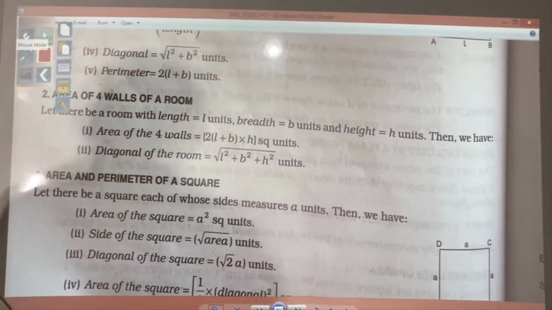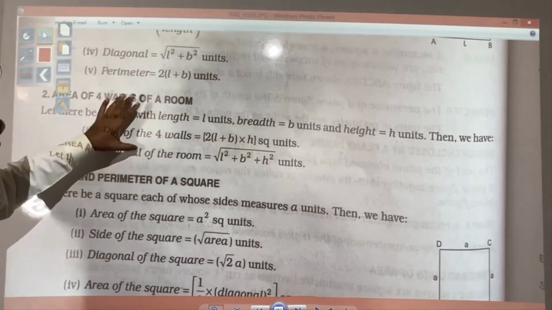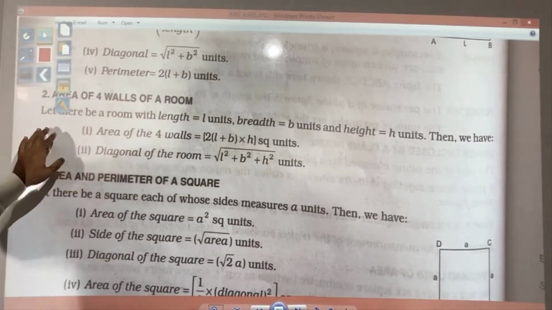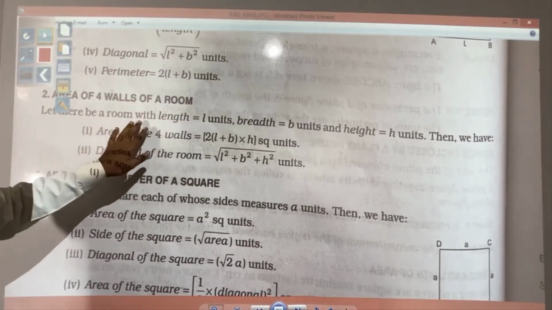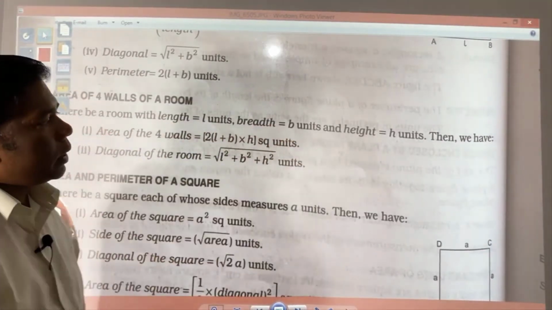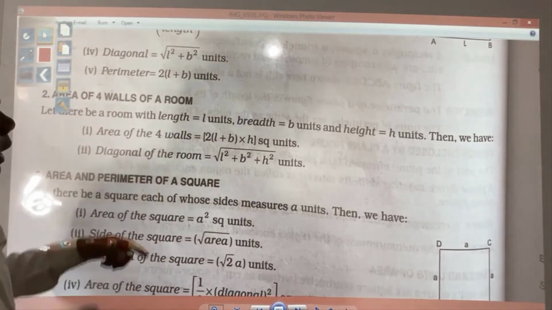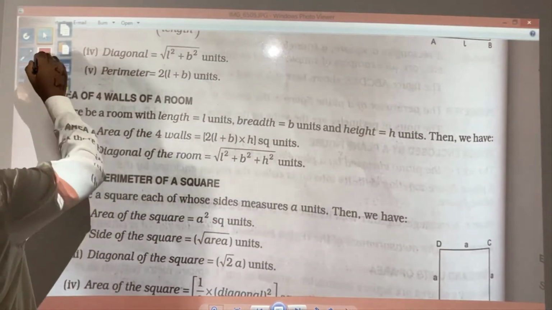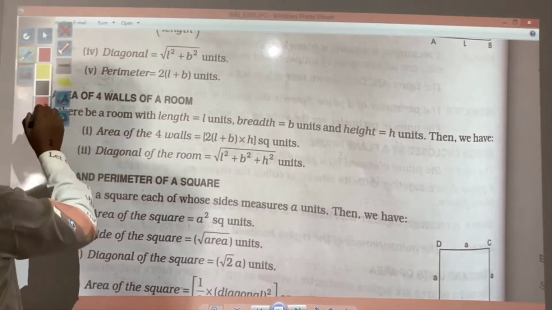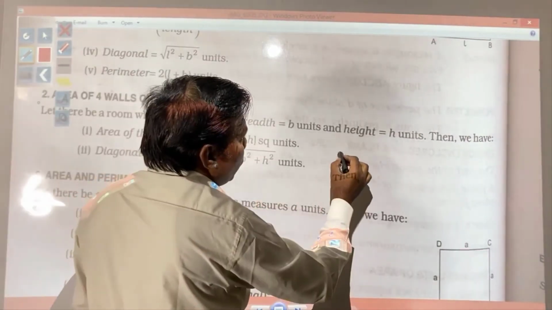Next we have area of 4 walls of a room. This is again very important. Let there be a room with length L, breadth B and height H. Then we have the area of the 4 walls. Just assume, wherever you are studying, consider your own room, just watch.